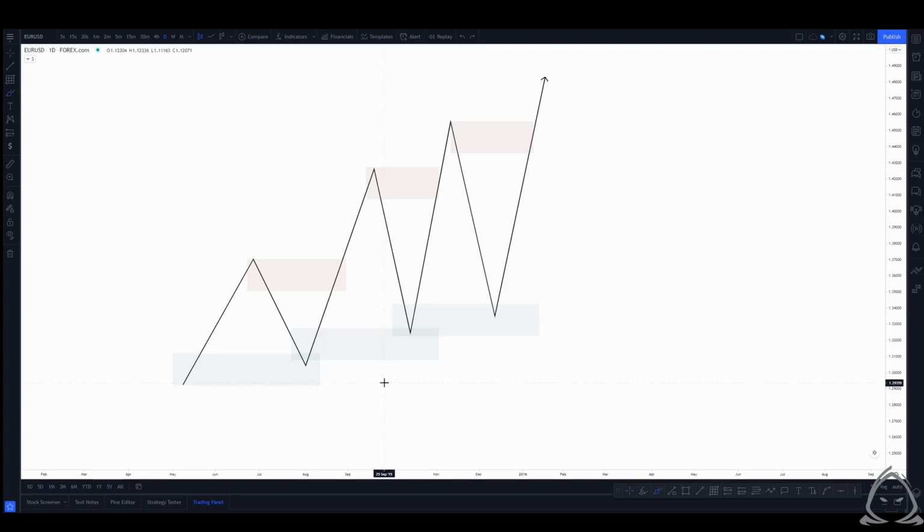Just to recap and summarize everything, as we are in an uptrend, our expectation is that demand will be respected and that supply will fail. And when we're looking at an uptrend from the perspective of protected and targeted structure, we'd be expecting that all of the swing highs would fail to take out the swing lows.